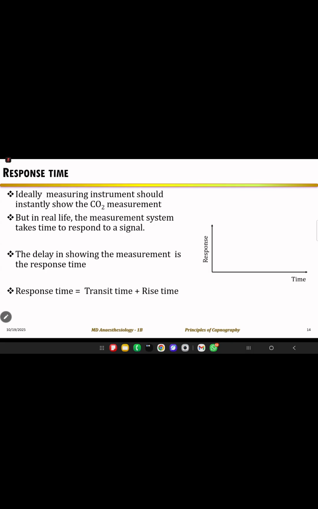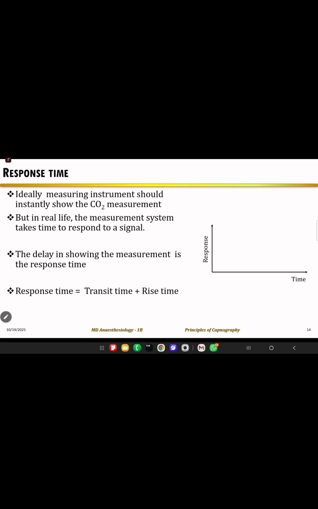Now, there's another concept that we need to emphasize when we are talking about capnography, that is the response time. In an ideal measurement, when you put that probe into the patient, it should immediately show the value within microseconds or without any delays.